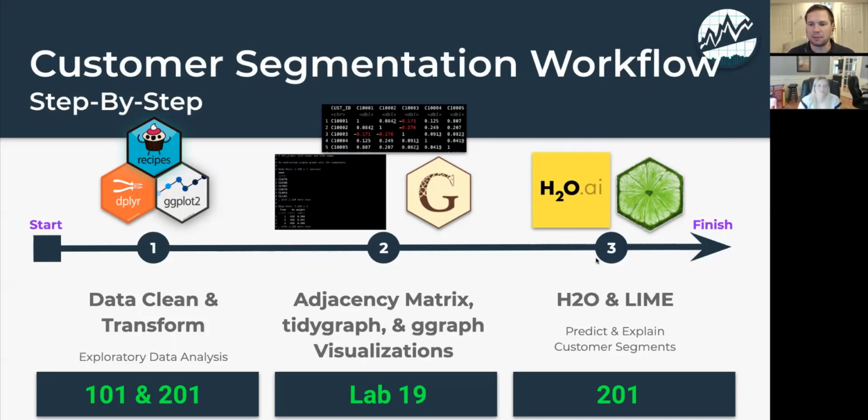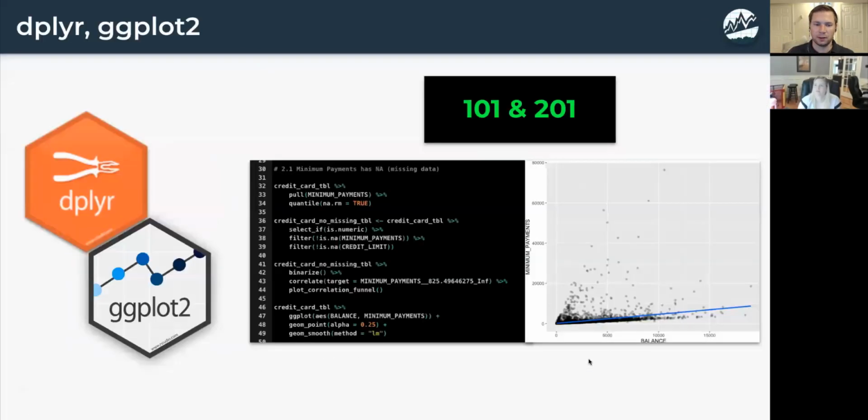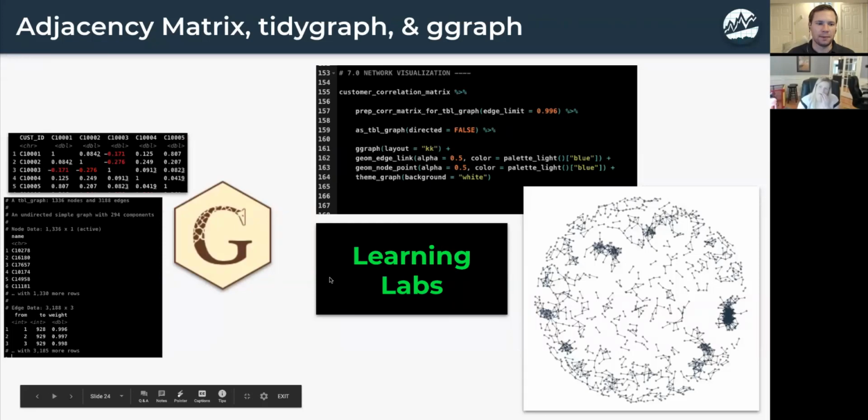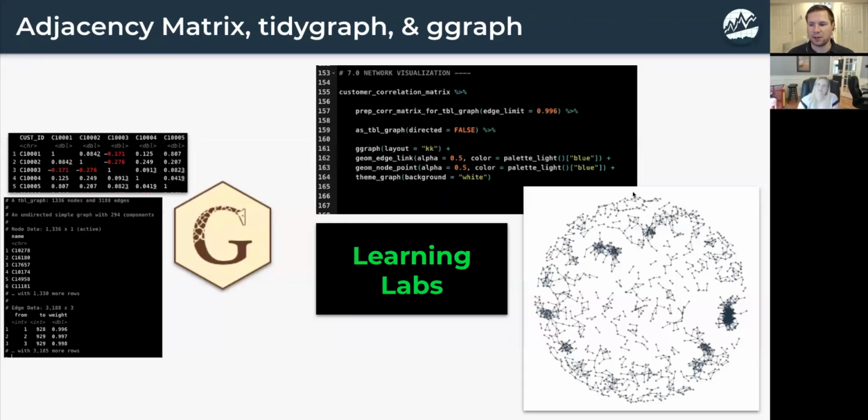And then the third step: we didn't stop with the visualization. We took it full end to end with the explanation of why customers are in which group that they're in. So we use H2O and Lime to do that, and I teach those in my 201 course. So this is an example of dplyr and ggplot2. We made this visualization and took care of the missing data. This is an example of the ggraph that we made, and that's what you saw in this particular webinar.